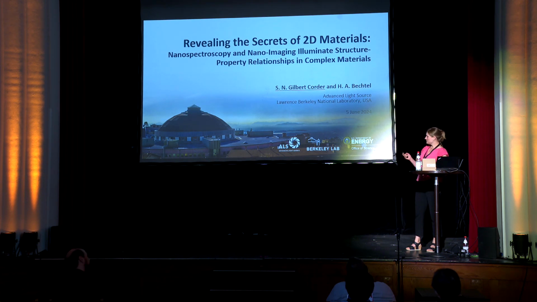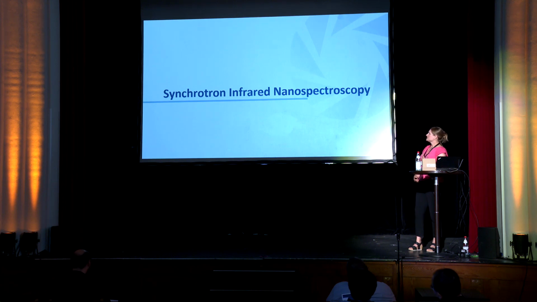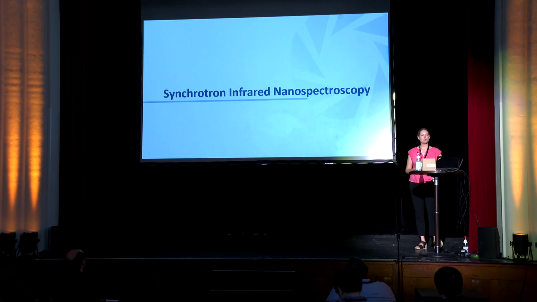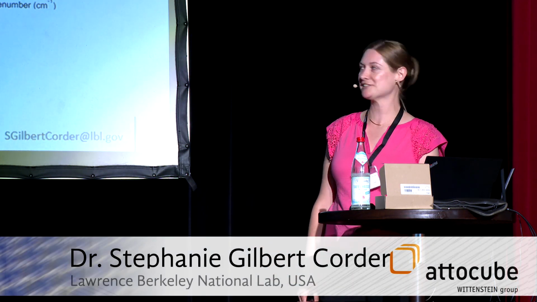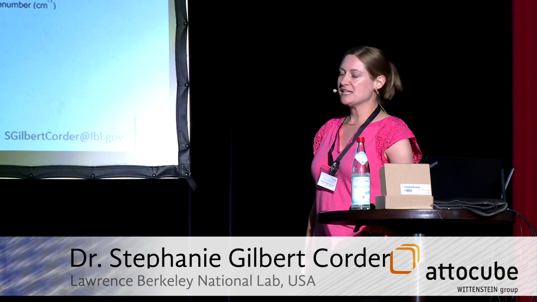But I'm going to be talking today about nanospectroscopy and nanoimaging, which we do quite a bit of at the ALS. The flavor that we do, we call synchrotron infrared nanospectroscopy, or SINS. That's our acronym, and we thank Marcus for that one. But essentially, it's the same general experimental setup as what you see with the laser-based sources.